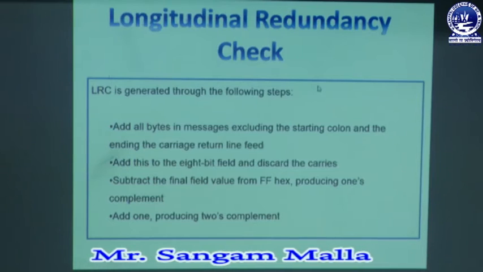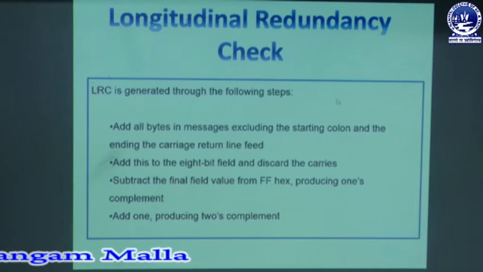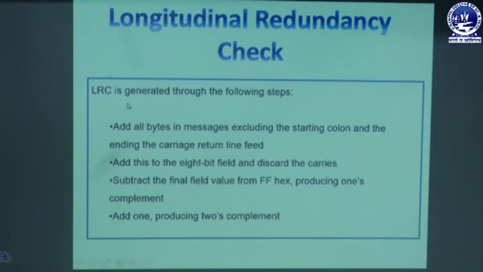Now we will be moving to the expansion of longitudinal redundancy check. LRC is generated through the following steps. First, add all bytes in the message excluding the starting colon and the ending carriage return line feed.